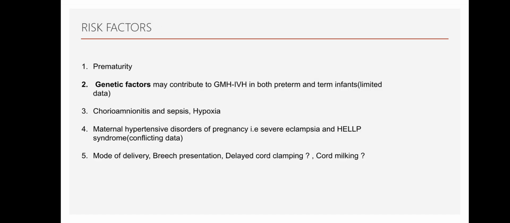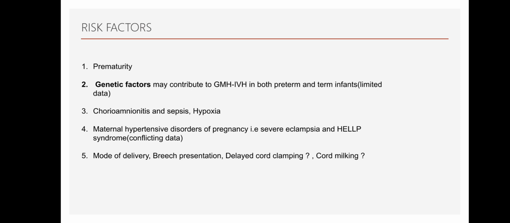If we talk about risk factors, there is a long list, but prematurity, genetic factors, similarly chorioamnionitis and sepsis, and hypoxia in newborn babies are contributing to the intraventricular hemorrhage and germinal matrix hemorrhages. If we talk about maternal hypertensive disorders of pregnancy, such as severe preeclampsia and HELLP syndrome, the data is conflicting. There are both schools of thought, and there is some data that favors that HELLP syndrome and preeclampsia and eclampsia add to the increasing incidence.